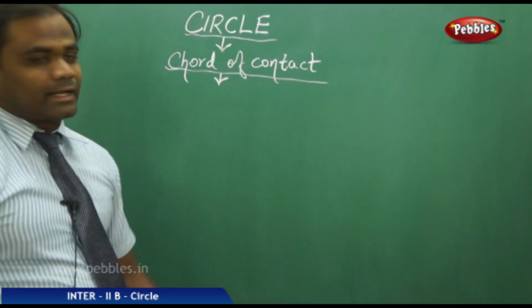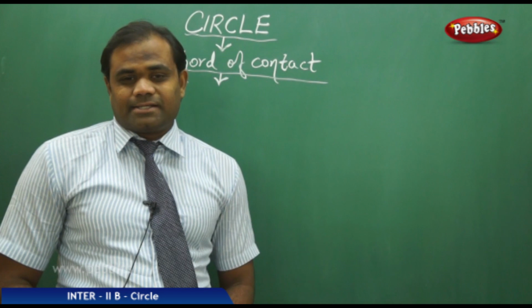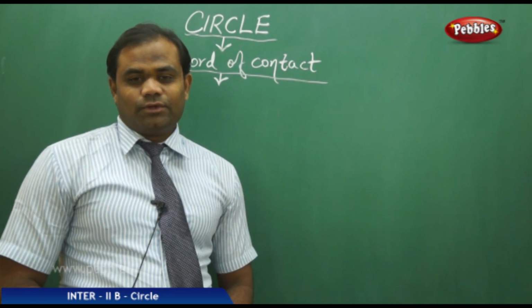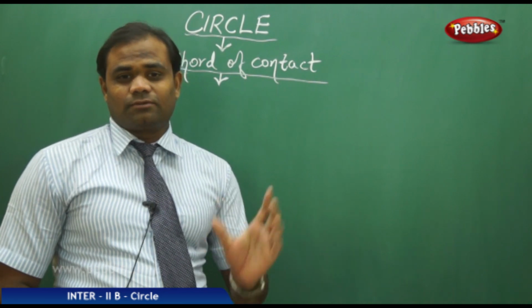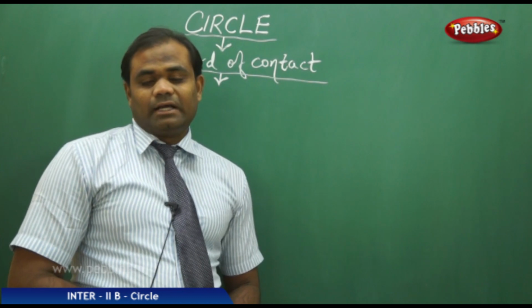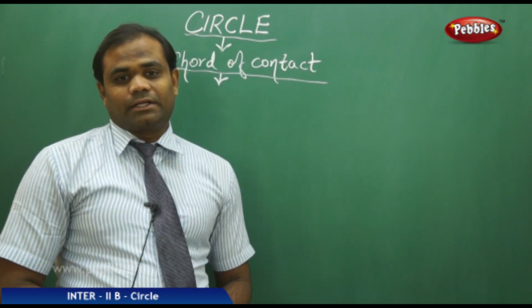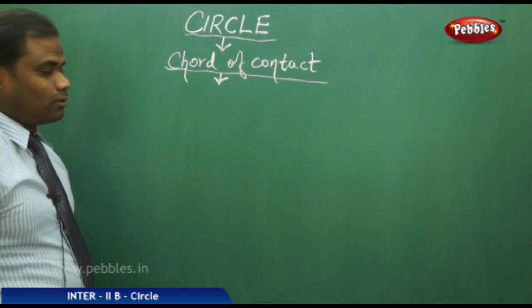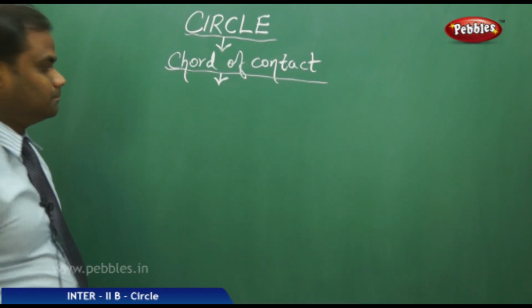Chord of contact for the circle S equal to 0. So what is the chord of contact? As we know that the chord is the part of the circle, the line which cuts the circle into some segment, then we have the chord of contact defined in a similar fashion. Let's see how the chord of contact is defined for a circle.